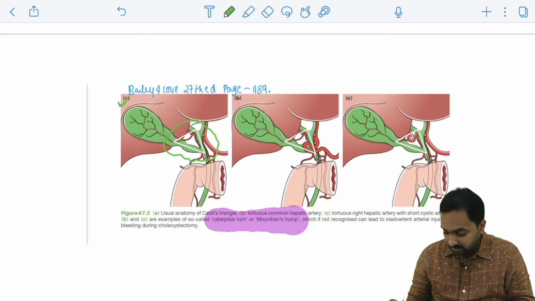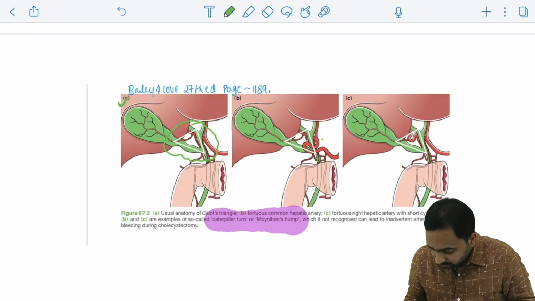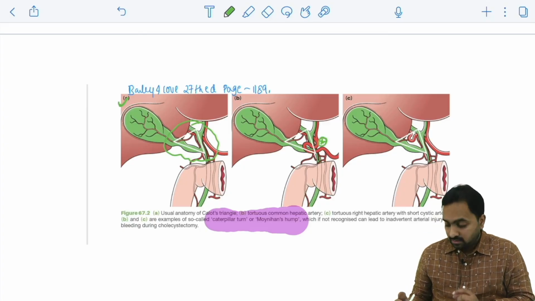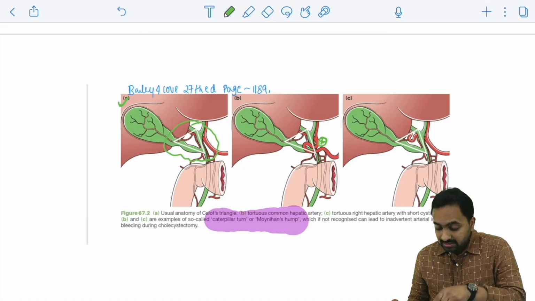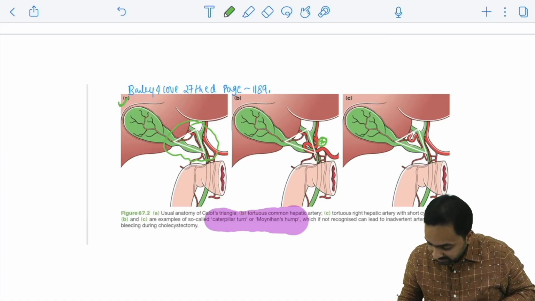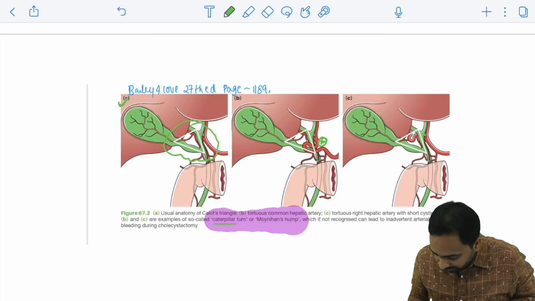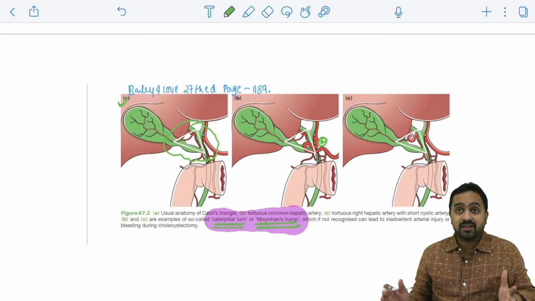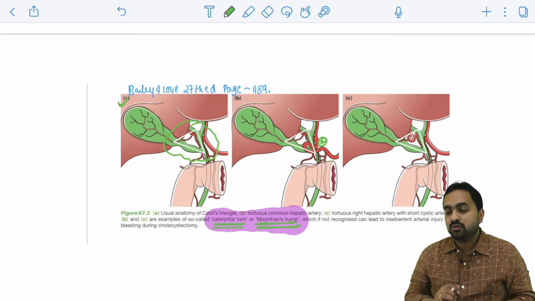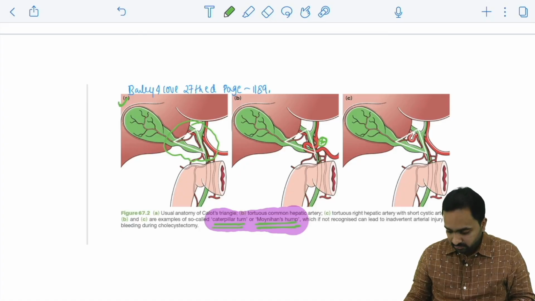In case of B, you can see a tortuous right hepatic artery with a short cystic artery. And in case of C, you can see a tortuous hepatic artery with a short cystic artery. These are the so-called caterpillar turn or the Moynihan hump, which, if not recognized, would lead to torrential bleeding that would be difficult to control.